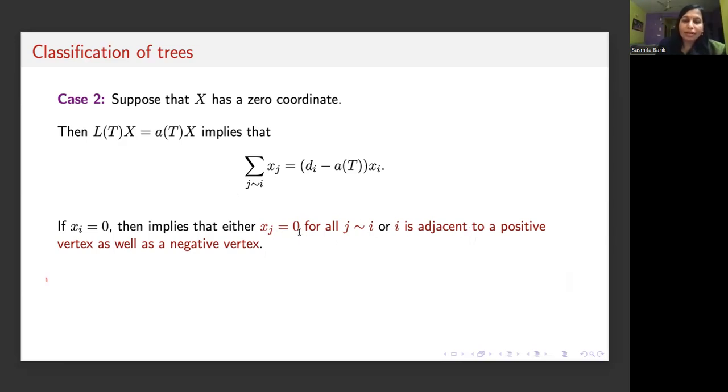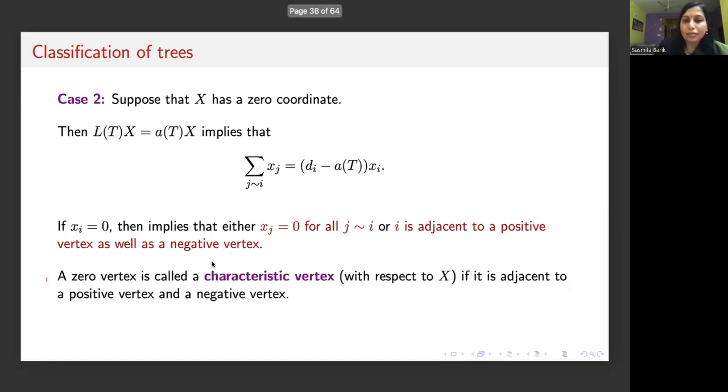If the first happens, then all vertices adjacent to that vertex are also 0. If this case is happening for all vertices, then it will cover all vertices and I'll get zeros only. That's a contradiction because x is a non-zero vector. So for some 0 vertex, this second case must be true. So at least one 0 vertex will be adjacent to a positive vertex and a negative vertex, and that vertex we call the characteristic vertex.